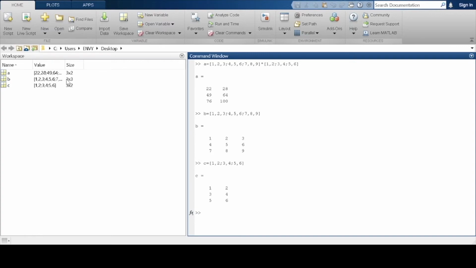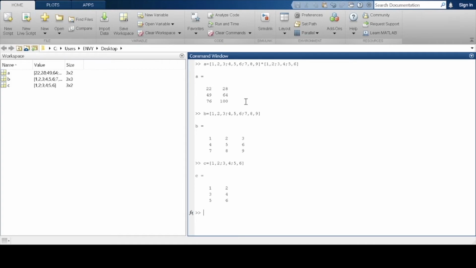We see that it's 3 rows and 3 columns, and 3 rows and 2 columns. So this and this are matching: the number of columns of the first is equal to the number of rows of the second. This is the rule of multiplying any two matrices or vectors.